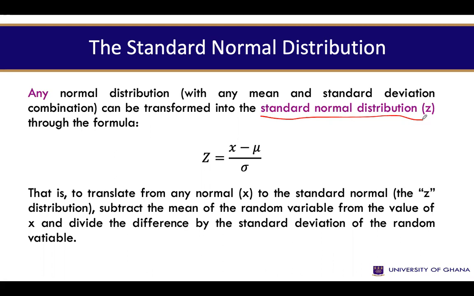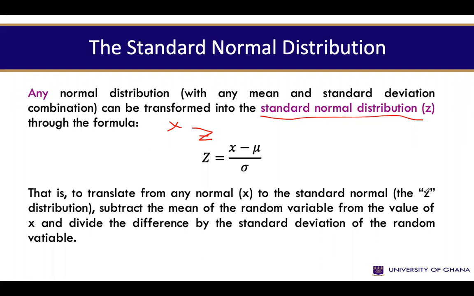So any normal distribution with a mean mu and a standard deviation sigma can be transformed into a standard normal distribution, and the process of doing that is what we term standardization. It means that to translate from any normal variable x to the standard normal, the z distribution, we have to undergo a certain process.